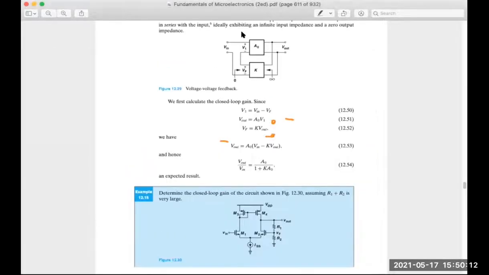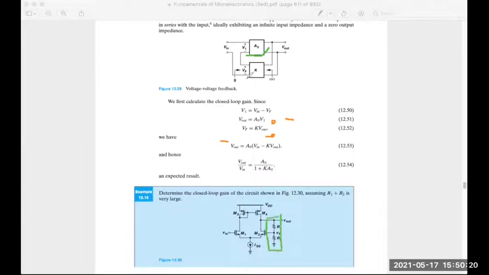The amplifier itself is A0, and this feedback structure is K. You sense the output voltage V out through this feedback structure, get the output VF, and feed it back. This structure is a difference amplifier, or differential amplifier. V in is V1 and this feedback structure is V2. That's how you apply the feedback.